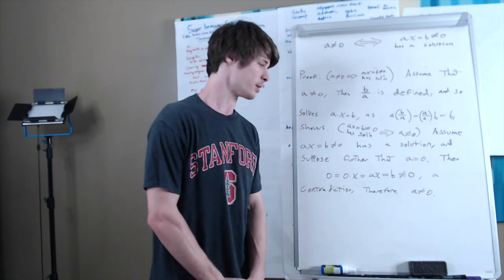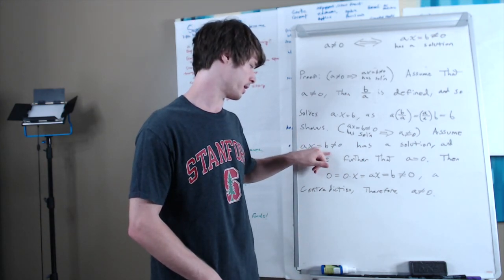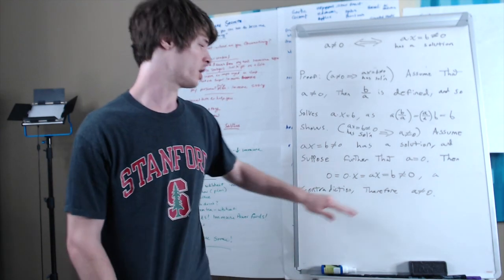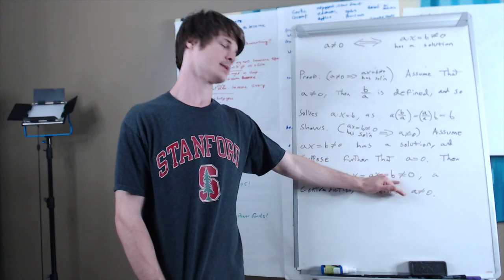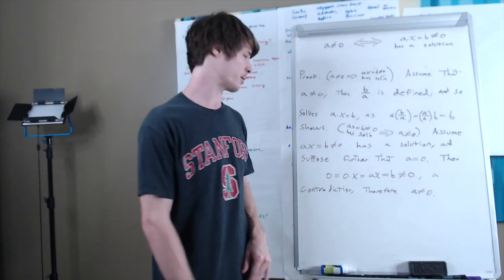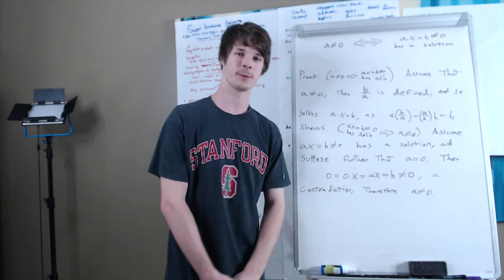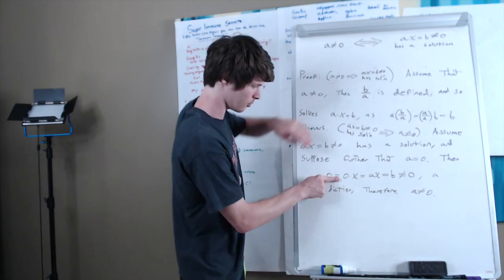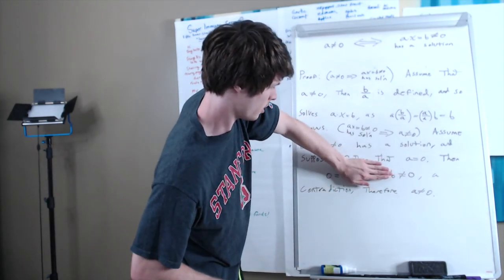Well, that's sort of a problem, because I know that a times x, by my equation having a solution, x being that solution, I know that a times x is equal to b. But one of the things that I assumed about b was that b is not equal to 0. And here's our contradiction, because I've just written 0 equals, a whole lot of other stuff that we can ignore, not equals 0.